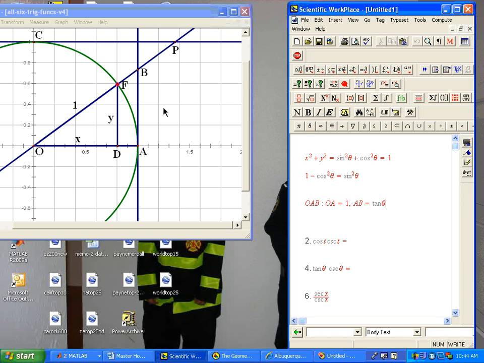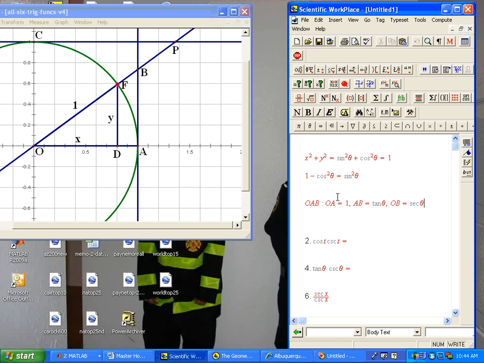And OB, we figured out, was secant of theta. You may want to go back to your notes if you're not clear on how that worked. It was really similar triangles: these three triangles are all similar to each other, so ODF and OAB are similar.